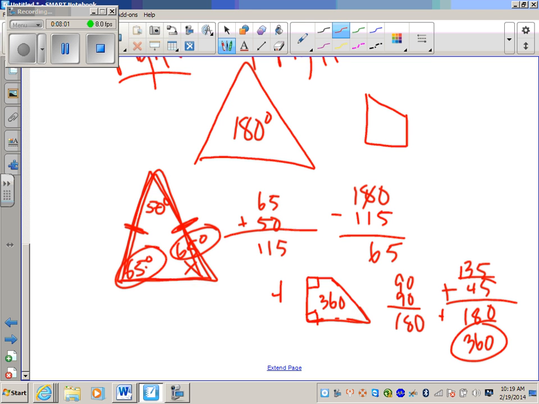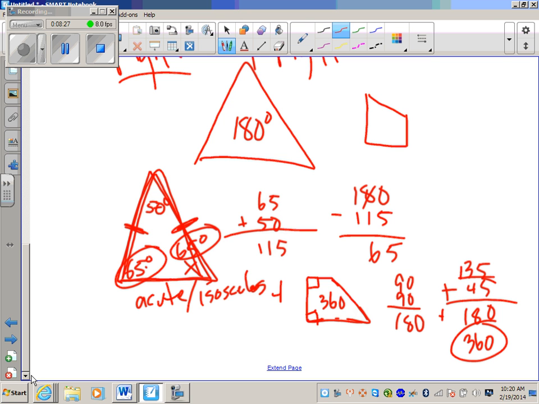So we would classify this not only as an acute triangle, but also acute and isosceles. When you are asked to classify triangles based on their sides and their angle measurements, you'll have to have both. Classify it first by its angles, then by its sides.